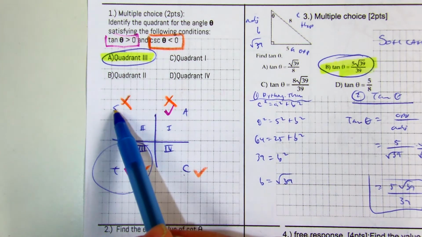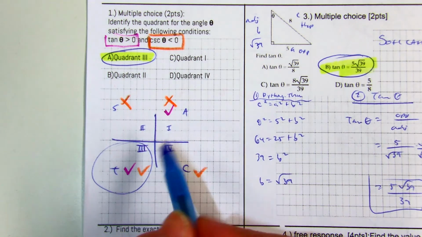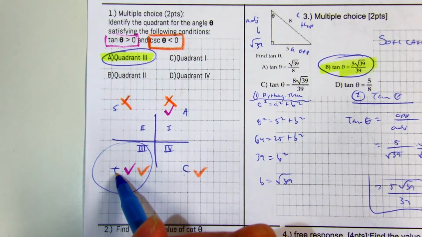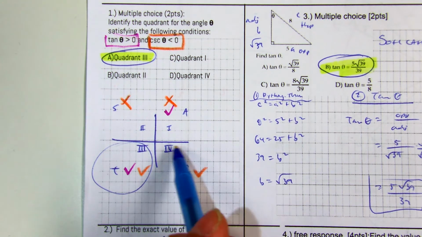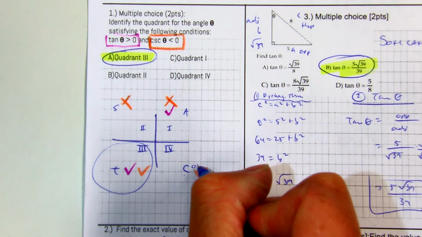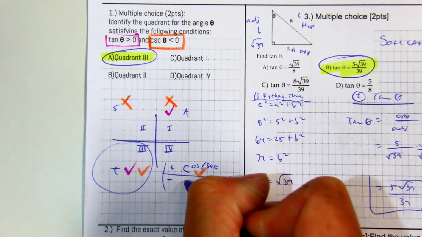Sine and its reciprocal cosecant are positive. Tangent and cotangent are positive, and cosine and secant are positive.